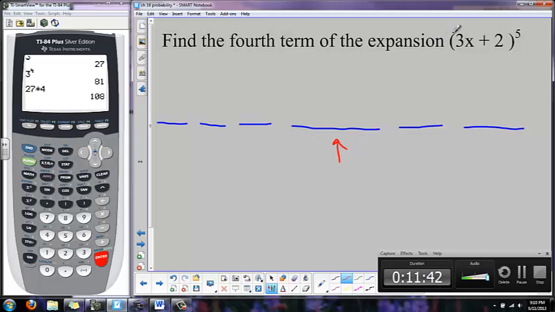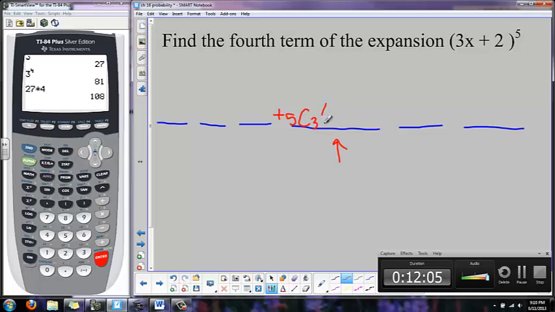Instead of writing it all out, we're really only concerned with this 4th term right here. There's a positive sign in between, so I know all my signs are going to be positive. The first part is the combination, so because that's a 5, you would do 5 choose 0, 5 choose 1, 5 choose 2, 5 choose 3, 5 choose 4, 5 choose 5, but we're not writing those.